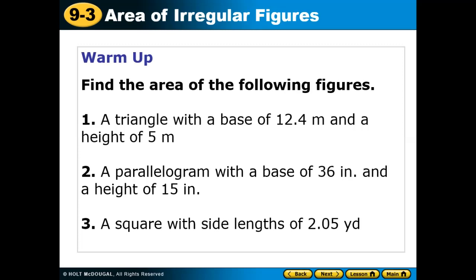You will use it in this lesson, okay? So, as you found, the area of a triangle formula is base multiplied by height divided by 2. So, to find the area of this triangle, we have to multiply 12.4 by 5, then divide the answer by 2 to get the answer, which is 31 square meters.